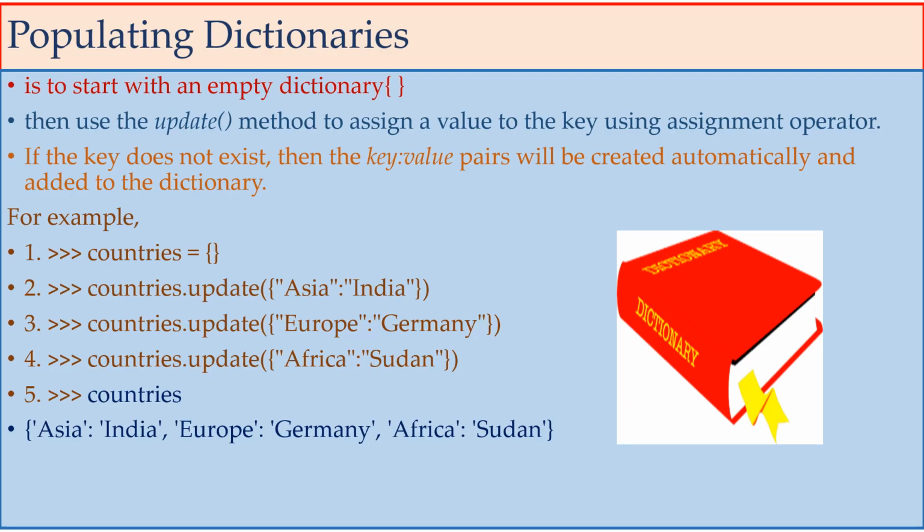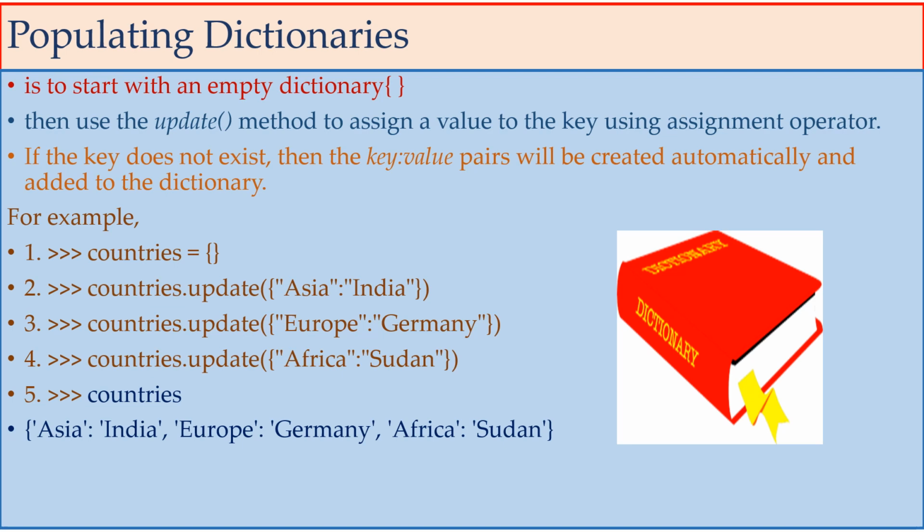So let us see how we can populate the dictionaries. We have to start with an empty dictionary. Then you can update it with the update method, and assign a value to the key using the assignment operator. If the key does not exist, then the key value pair will be created automatically and added to the dictionary.